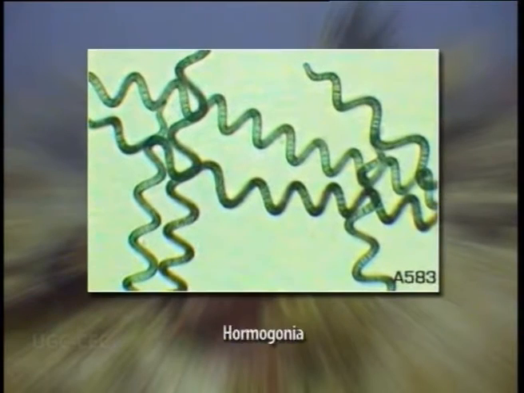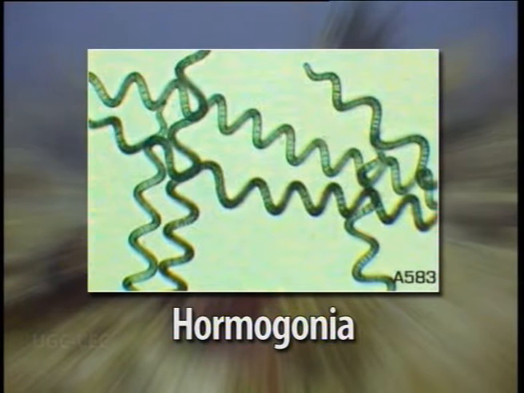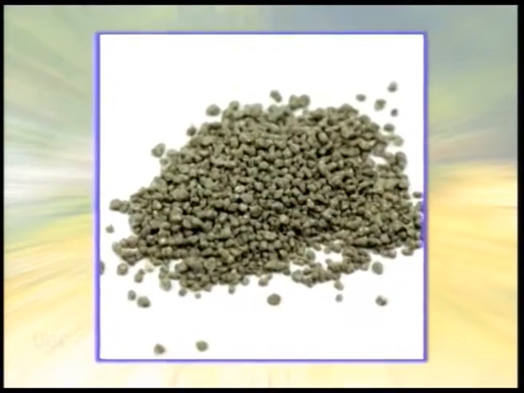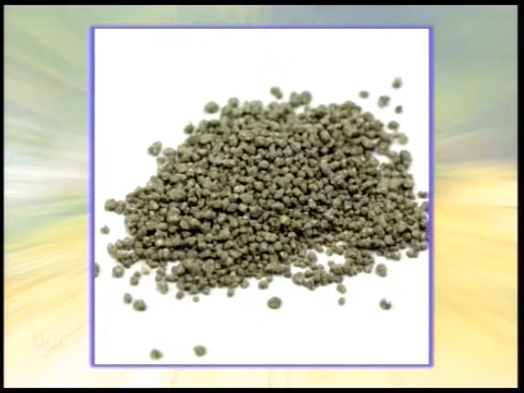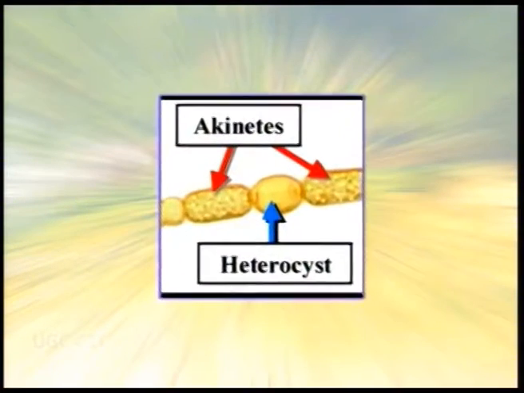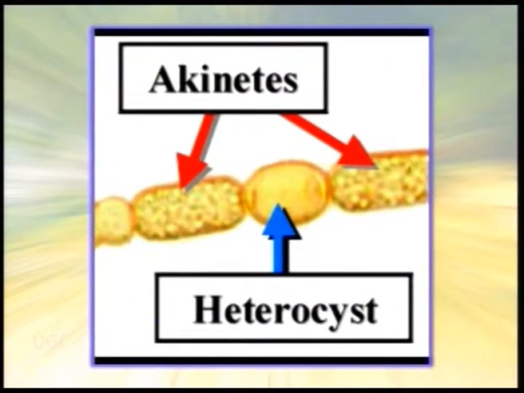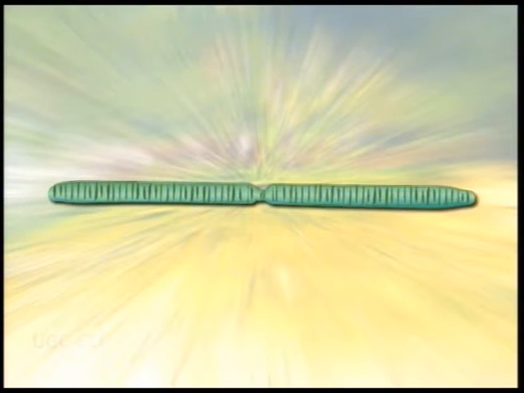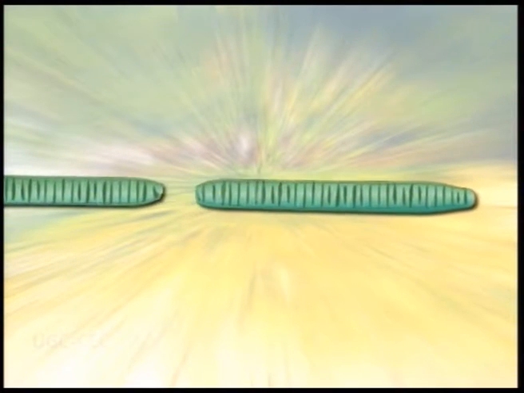They exhibit active gliding motion upon their liberation and gradually develop into new trichomes. Then endospores or akinete formation, especially under harsh conditions, is an important process of reproduction. Fragmentation of the thallus, then the formation of exospores, is also a good mechanism.